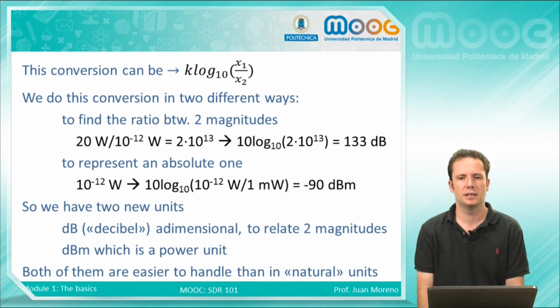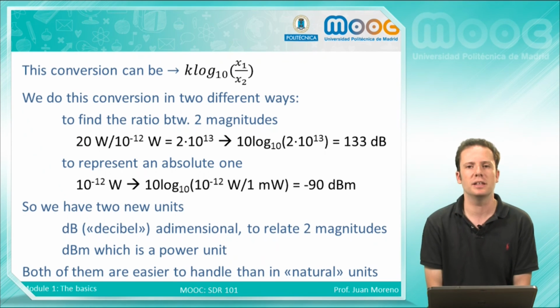If we take a logarithmic unit, we can say that the difference between one signal and the other is 133 dBs. It's very much easier to handle 133 dBs than the other quantity.